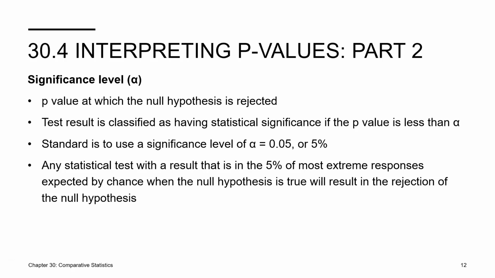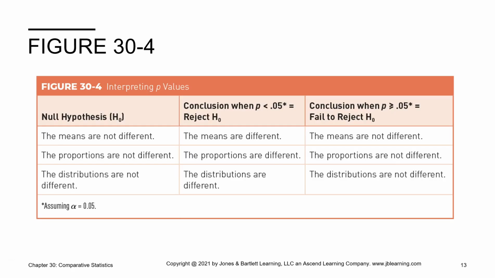So any statistical test with a result that is less than that p-value, or 5% of the most extreme responses expected by chance, which is kind of a mouthful, when the null hypothesis is true, will reject the null hypothesis. Figure 34 goes over interpreting p-values, and so here you can see the differences in conclusions.